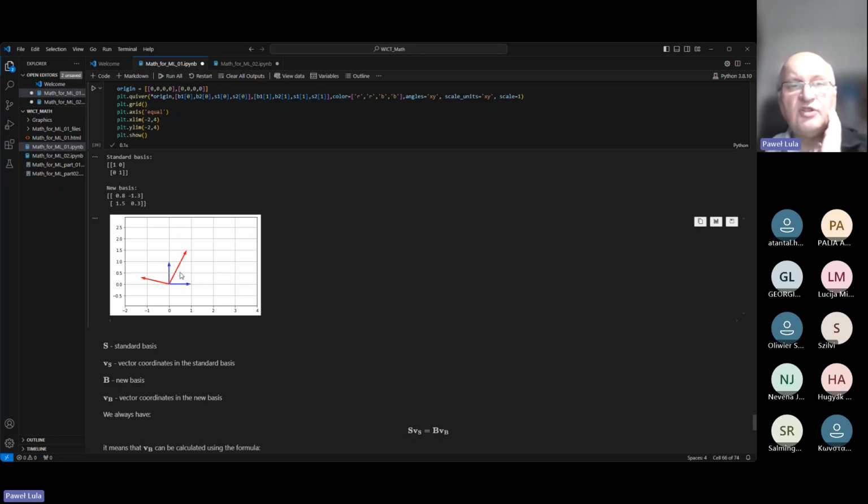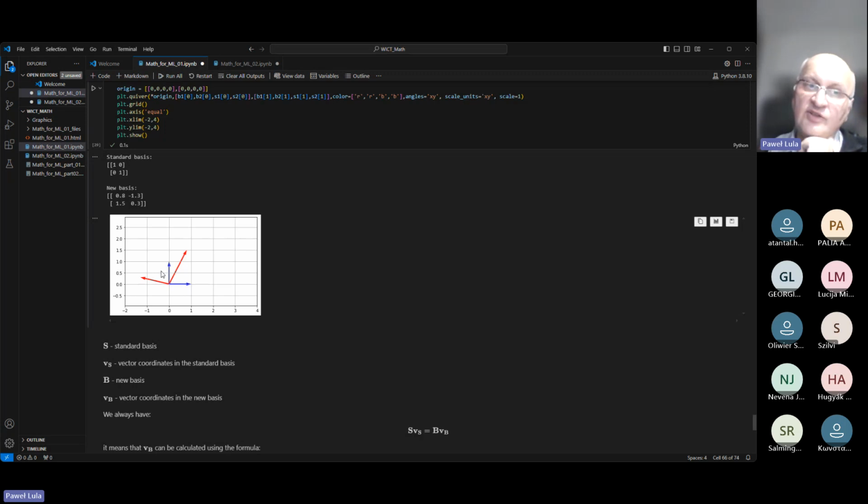So please imagine that we have a new coordinate system with x and y axes. And the x-axis is here. This red arrow is the x-axis, and y is here. Please look at this angle.